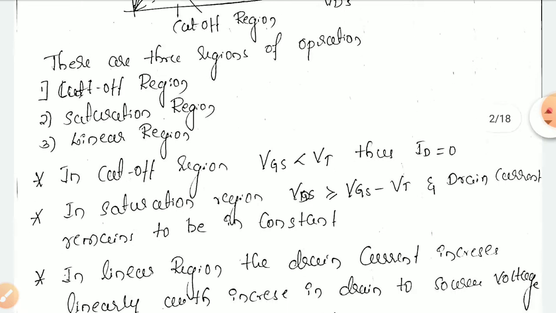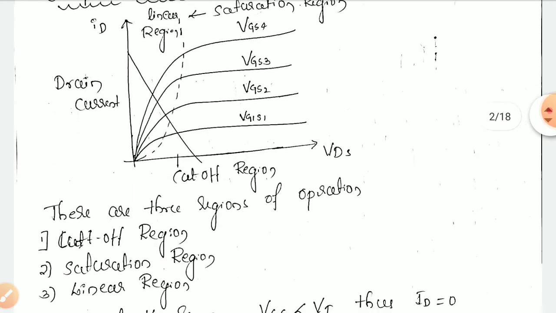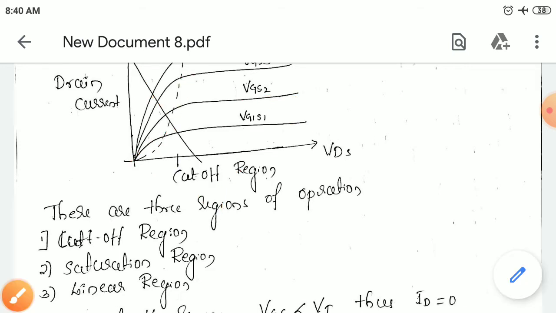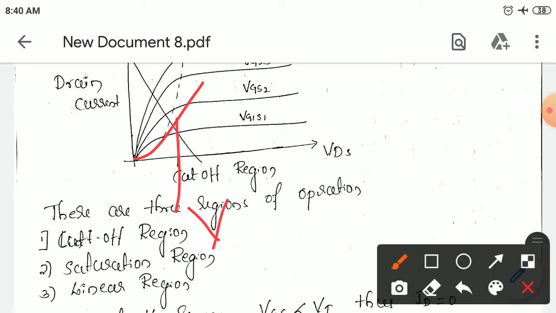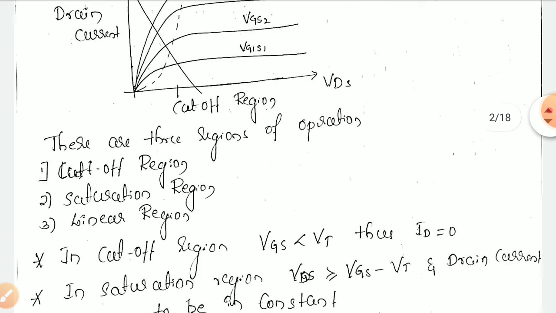In the cutoff region, VGS is less than VT, where VT is the threshold voltage. So the gate source voltage is less than VT, and ID is 0; the current is 0 in this case.